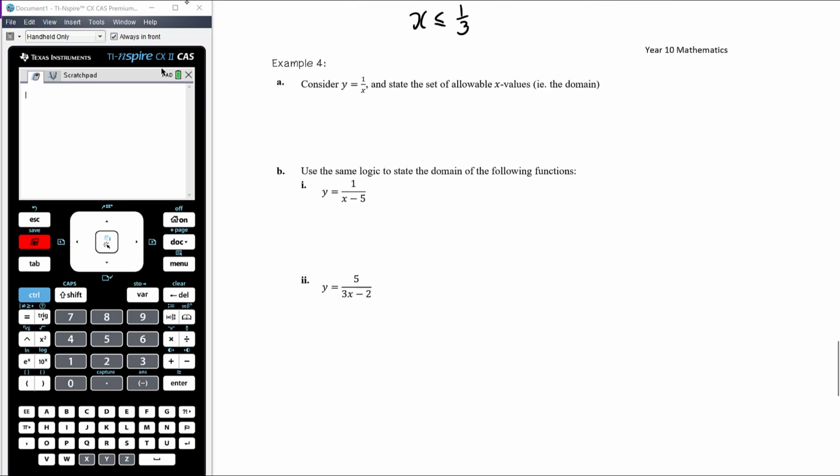Consider the function y equals 1 over x and state the set of allowable values of x. So this is another situation, with fractions, where there are values of x for which this won't exist. Thinking about the fact that x is in the denominator of the fraction, we know that we can't divide by 0.